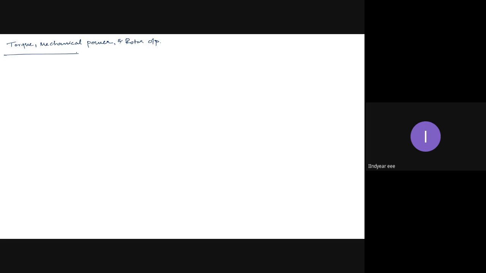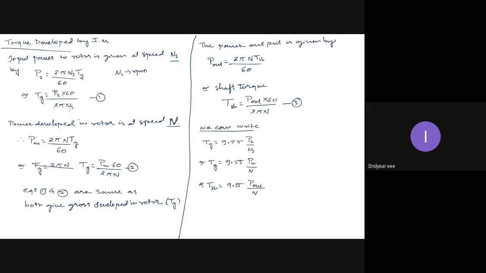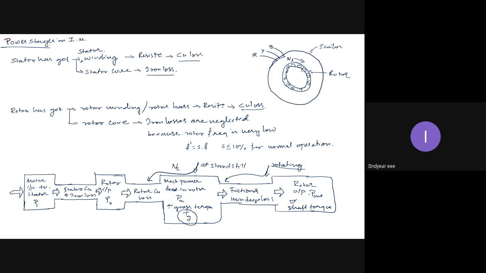In the power flow diagram, P1 is the input power, which is equal to rotor input plus stator copper loss and iron loss.